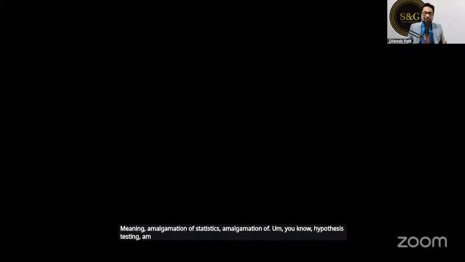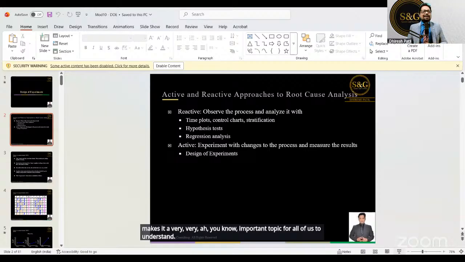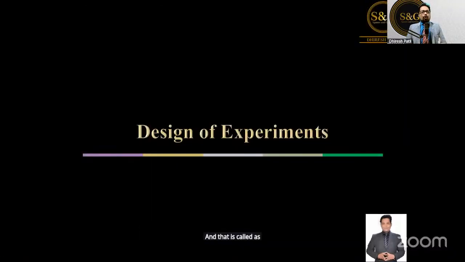And today the topic we are going to check is the amalgamation of all of them, meaning amalgamation of statistics, amalgamation of hypothesis testing, amalgamation of regression, all put together. It makes it a very, very important topic for all of us to understand, and that is called design of experiment, DOE.